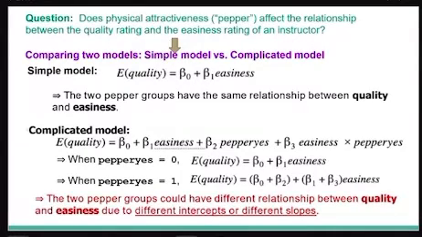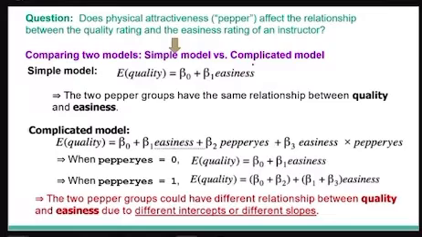We use F-test when we compare an intercept model with any other form of a model, but we use partial F-test or nested F-test when we compare simple model with complicated model. The simple model is not going to be intercept. The difference between the simple model and the complicated model is going to be the number of explanatory variables.